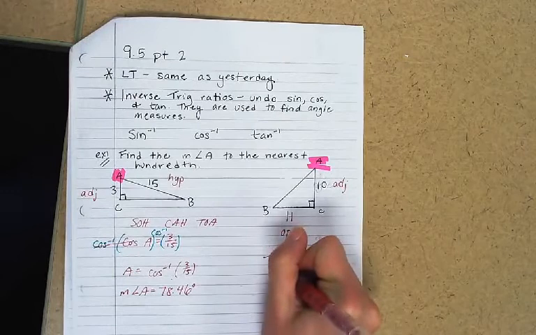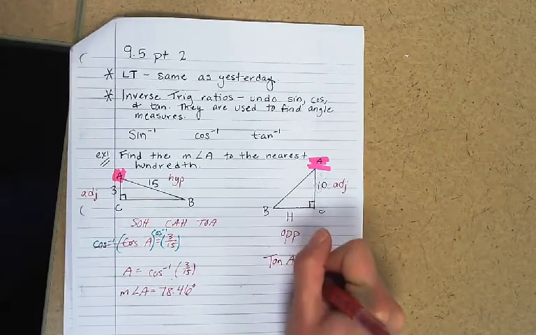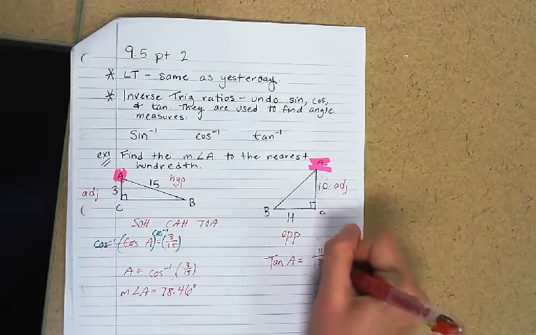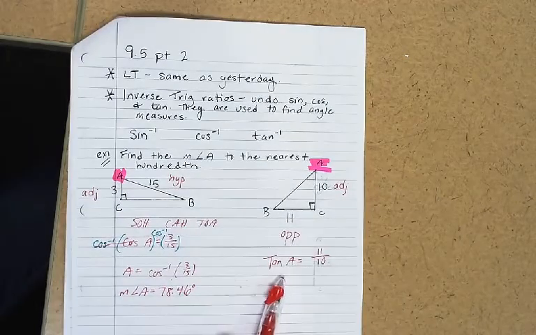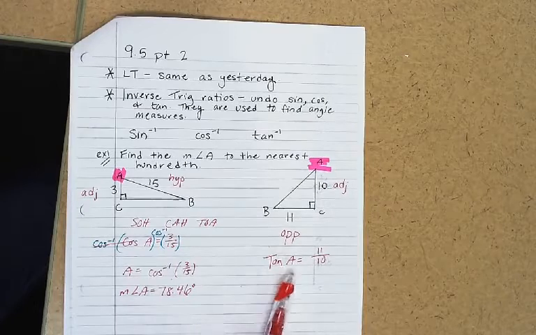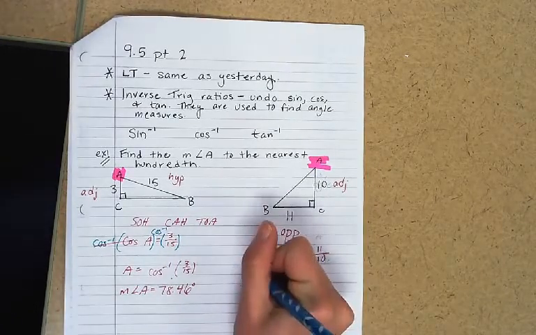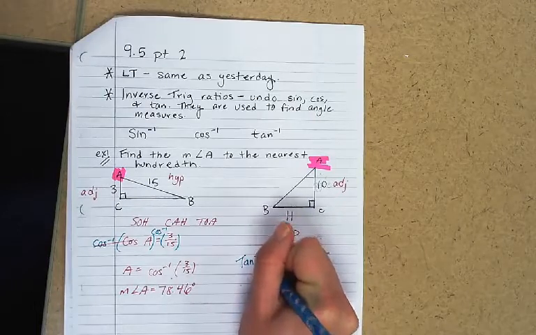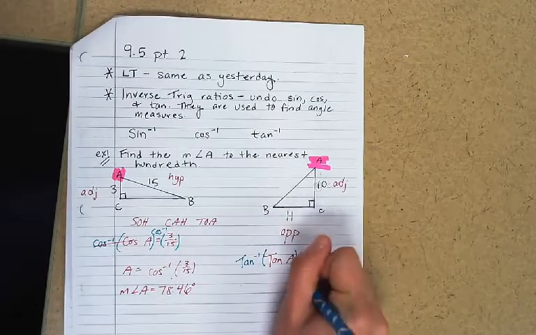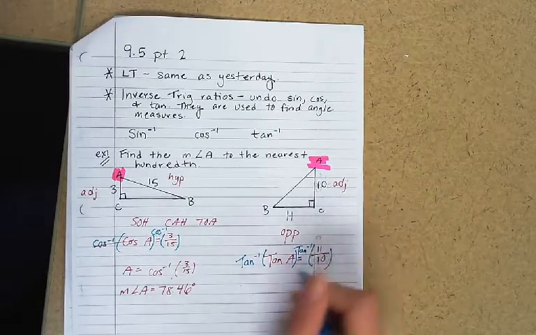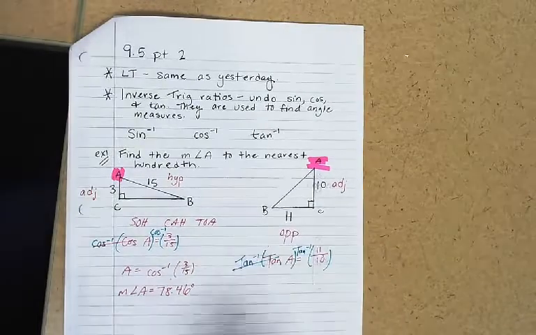So the tangent of angle A is opposite 11 over adjacent 10. We're solving for A, so we have to undo the tangent, and the way we undo tangent is tangent inverse. So those cancel out.